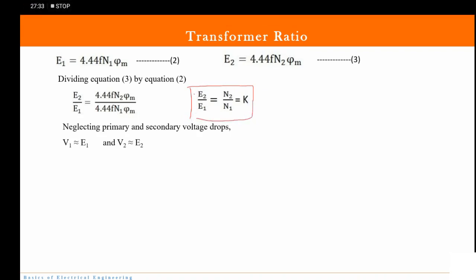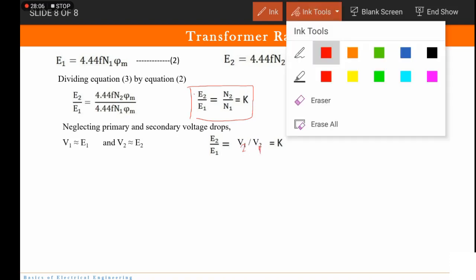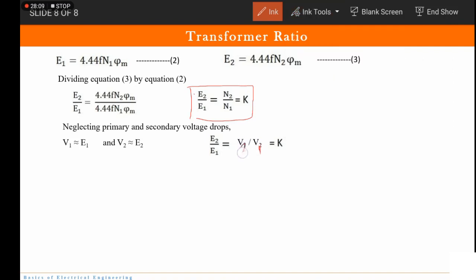Now what is E? It is induced EMF. And what is V? It is applied voltage or the output voltage. If I neglect the voltage drops, since primary and secondary voltage drops are very small, I would say that V1 is approximately E1 and similarly V2 is approximately equal to E2.